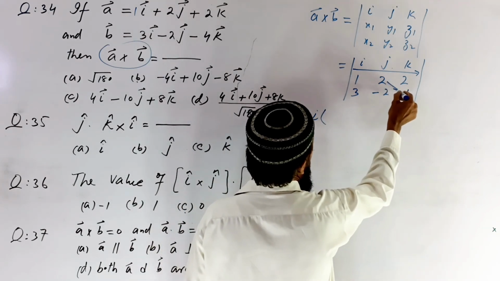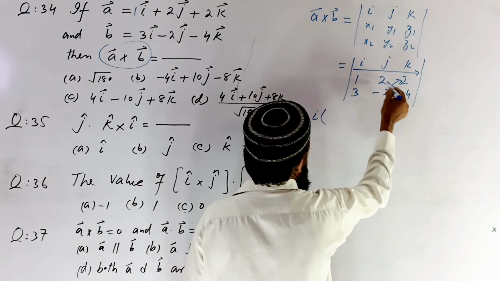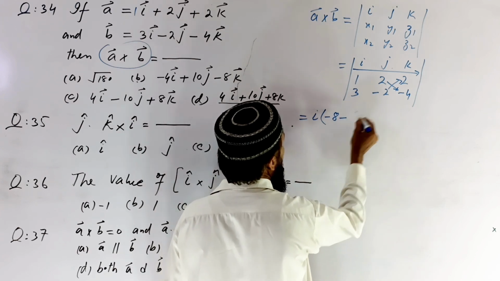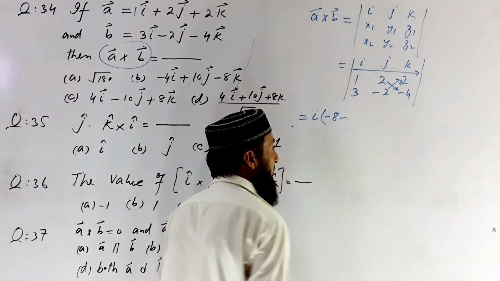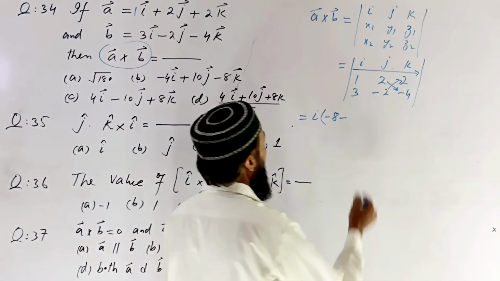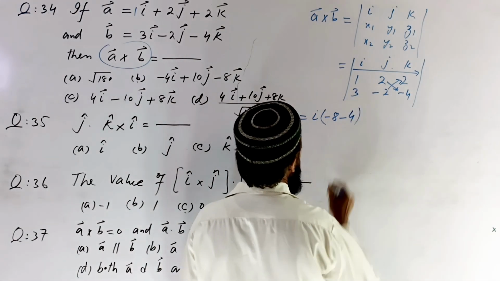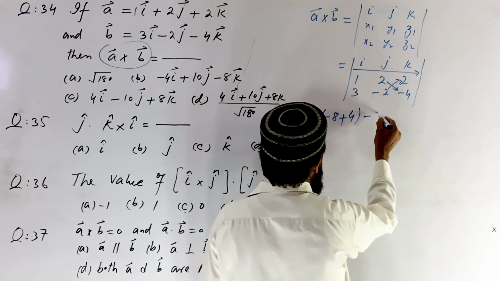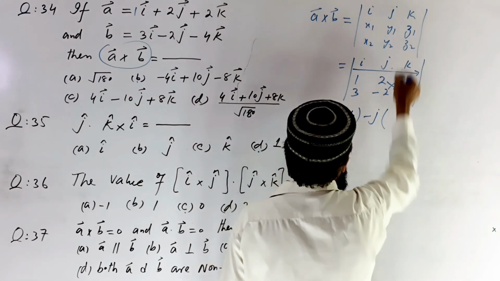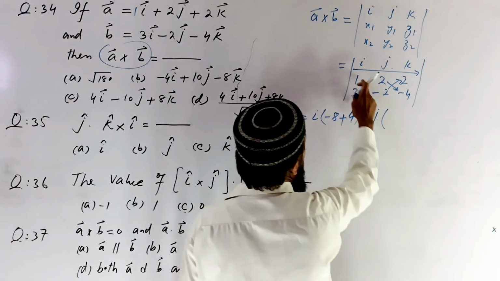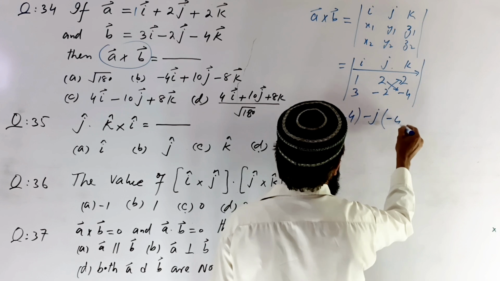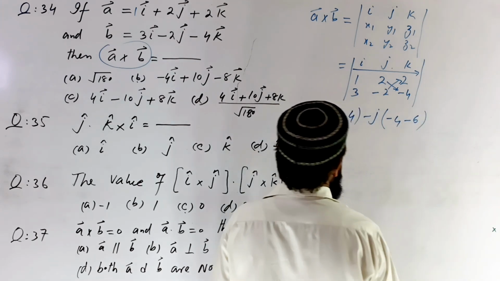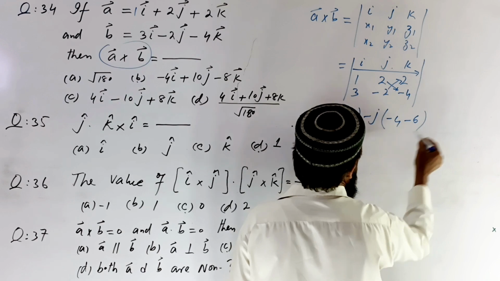For i: 2 multiplied by -4 we get -8, and minus and minus will be plus, 2 multiplied by 2 we get 4, so -8 plus 4 gives -4. Minus j, second column: 1 multiplied by -4 we get -4, and -6, so we get -10, and -10 multiplied by minus gives plus 10 j.